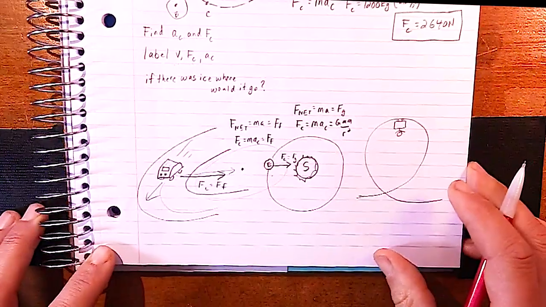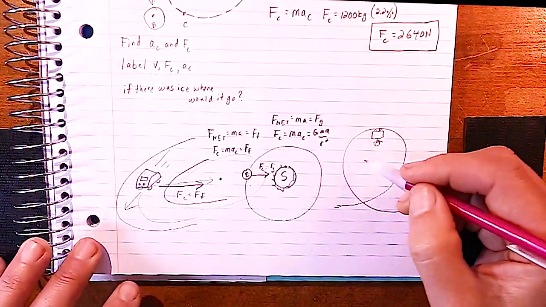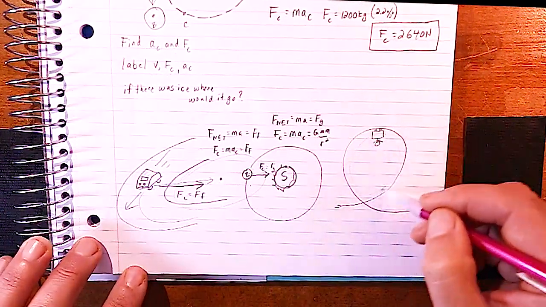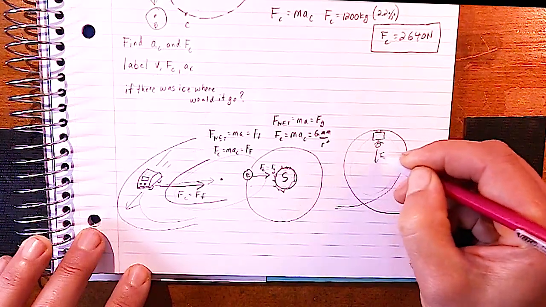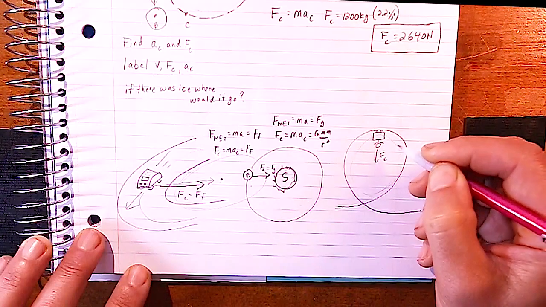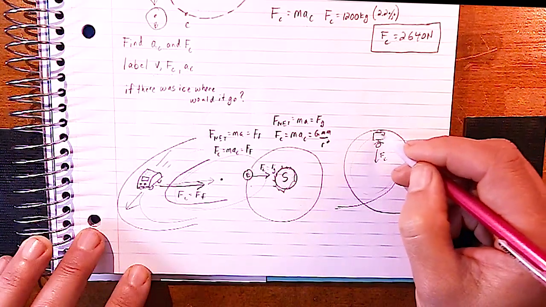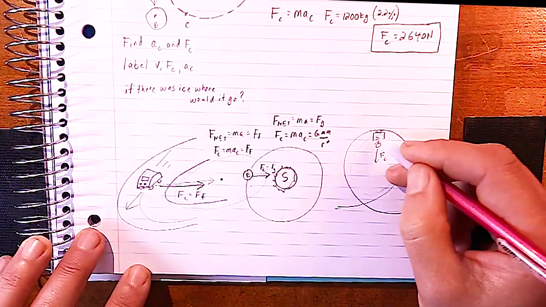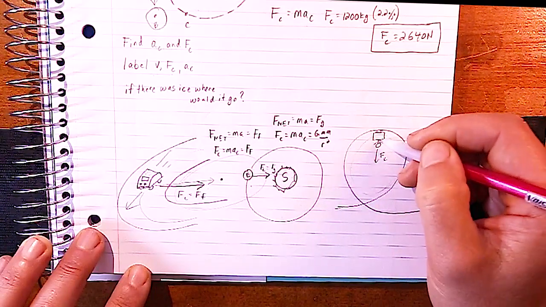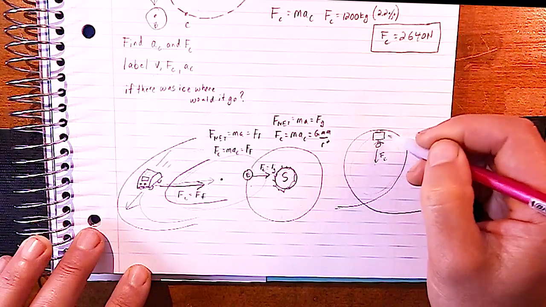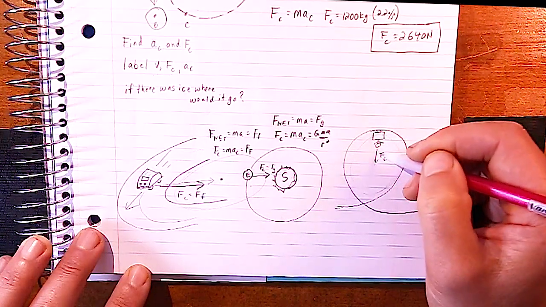And finally, if we have a roller coaster, and let's say this roller coaster is going around in a loop, the centripetal force is acting towards the center of the circle. Now, if the little roller coaster cart is going fast enough that gravity is not enough to push down on it, the track is also going to push down.